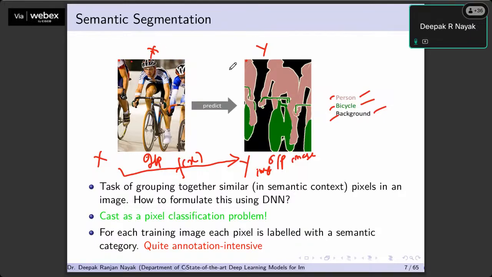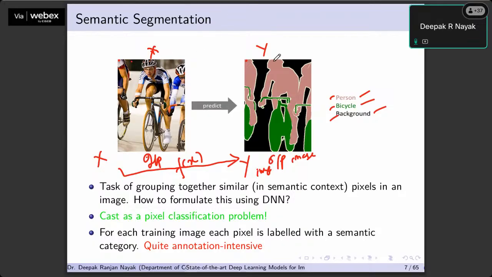You know that labeling or annotation is always a costly process, even for a classification task where you only assign a single label by looking at the image. But here you have to label each and every pixel. That is why these types of learning-based semantic segmentation techniques, although accurate, are also quite annotation intensive.